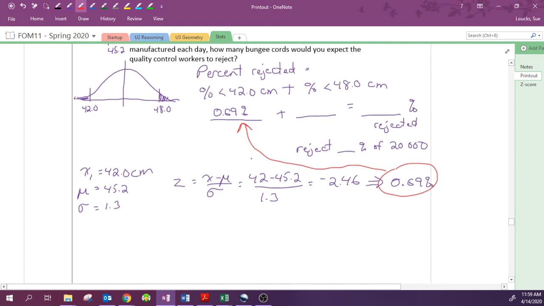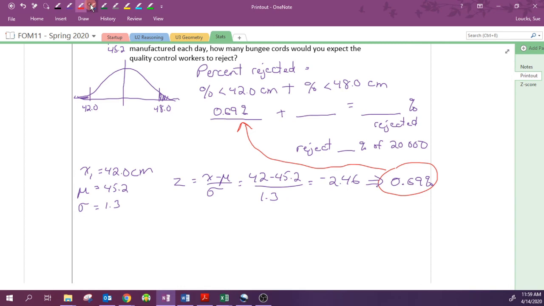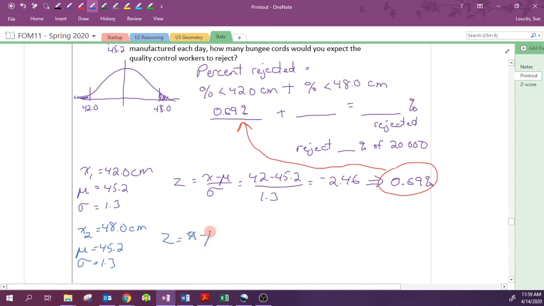And then we're going to do the same thing, and I'll maybe do this in a different color, with x2 is 48 centimeters. And my mu is 45.2, my sigma is 1.3, z equals x minus mu over sigma equals 48.0 minus 45.2 divided by 1.3.